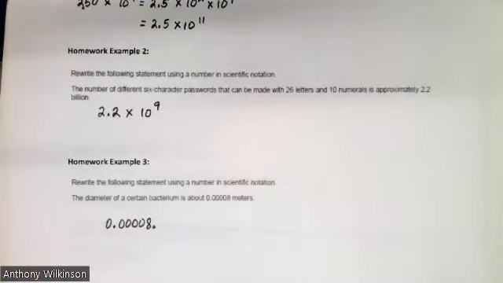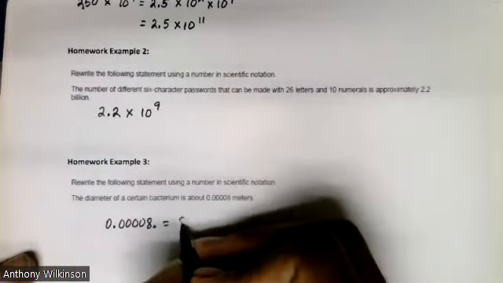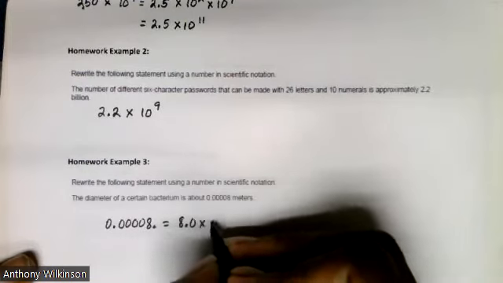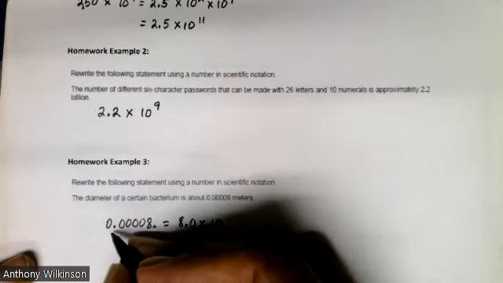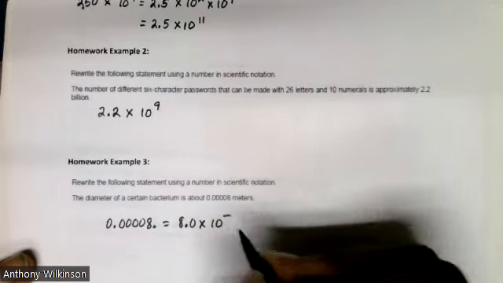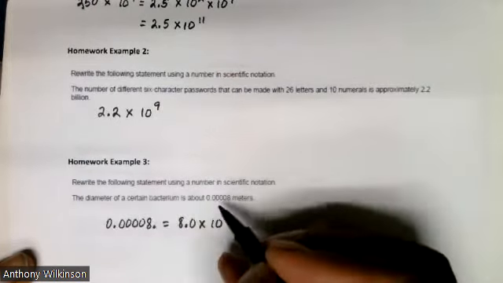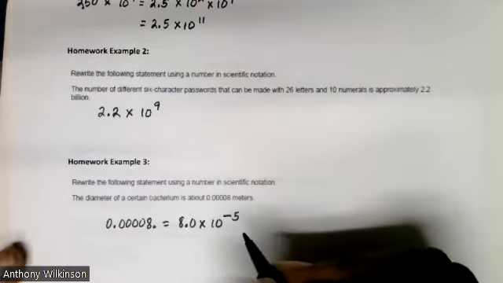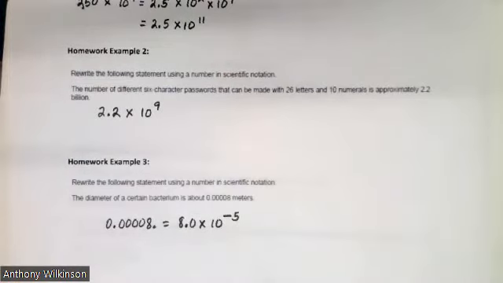So that decimal point needs to be behind the 8. So in this case here, I will have 8.0 multiplied by 10. Now I moved the decimal point to the right, so the exponent has to be negative. So here I got 1, 2, 3, 4, 5 digits. So it'll be 10 to the negative 5. So it's 8.0 times 10 to the negative 5th power in scientific notation.